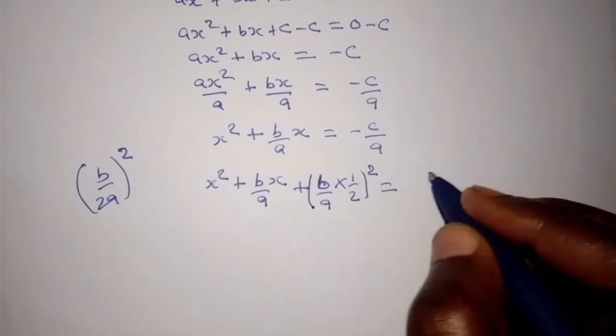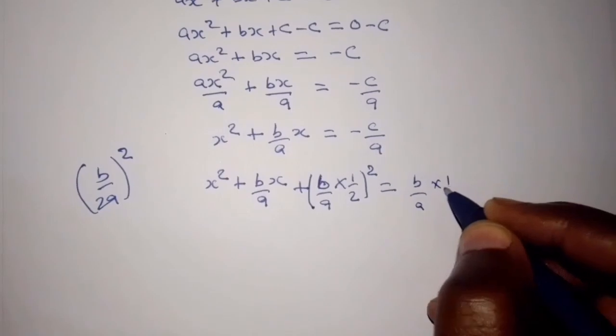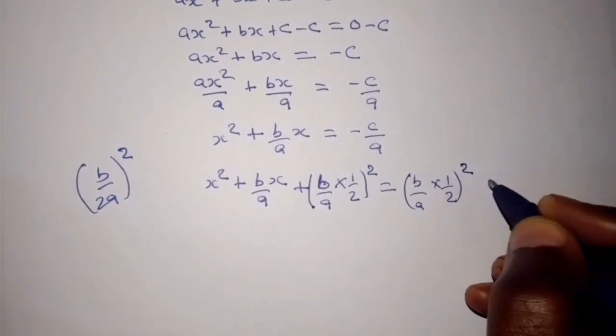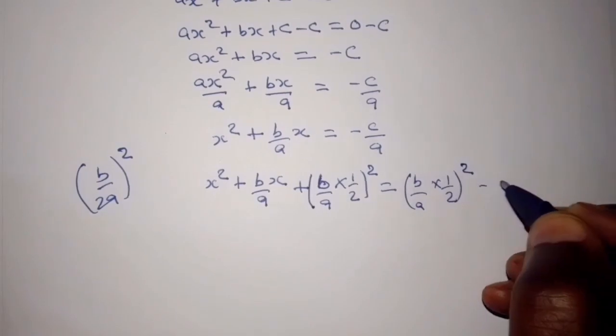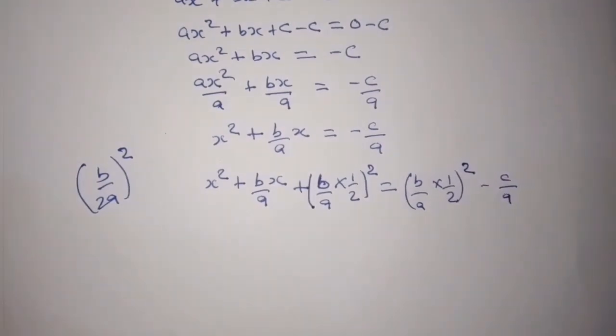So we add to this other side b over a times half squared minus c over a.